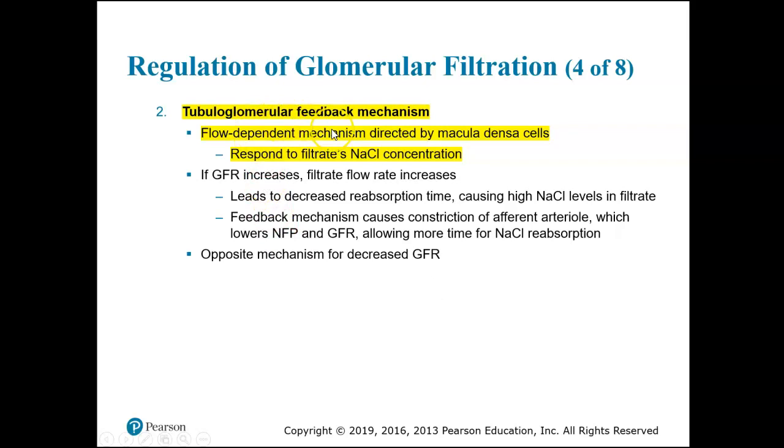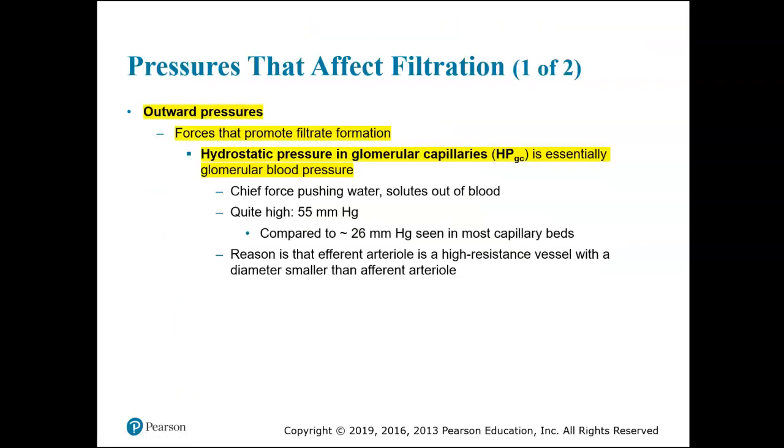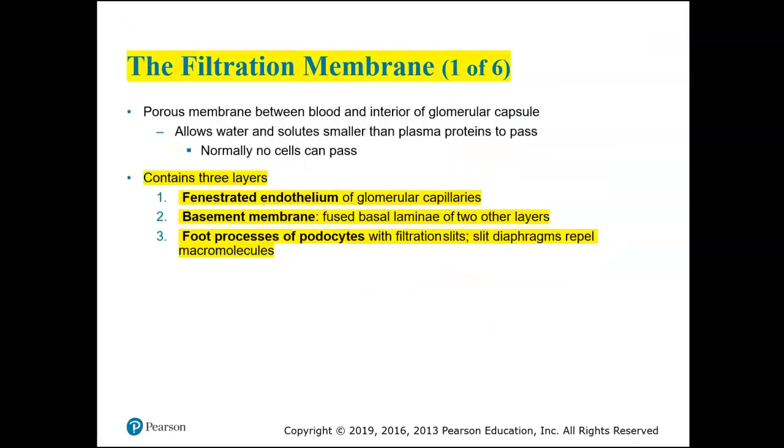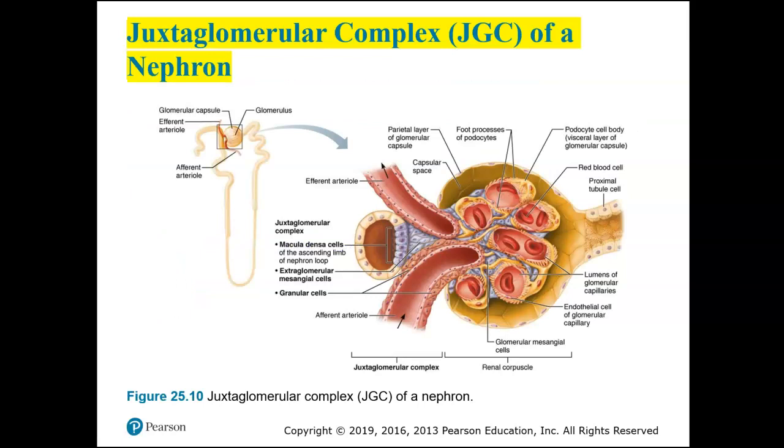And the tubuloglomerular feedback mechanism is controlled by the macula densa cells. Let's go back and look at those. The macula densa cells, in our picture, here we go. Remember, those are the cells that form the nephron loop, the ascending portion of the nephron loop, as it comes up through the afferent and the efferent arterioles.